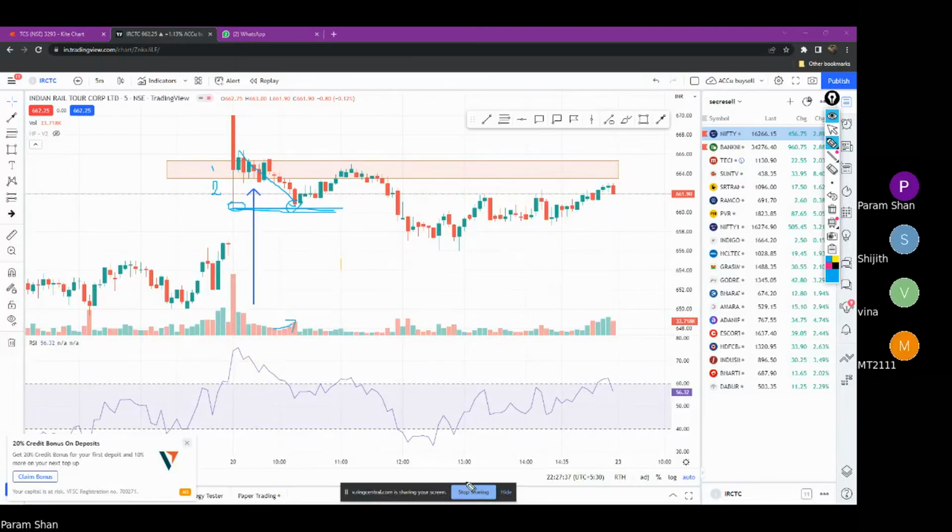What I was expecting during the trading hours, volume started spiking up here. It is highly possible price can come till here, have a little spike, meaning a pullback, and again break down and go down. That was my expectation, but the market did not happen the way I thought.